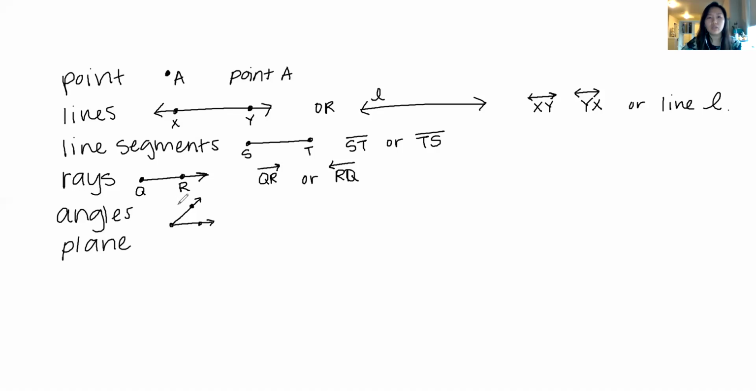So let's call this one D, E, and F. So we've got angle D, E, F. Or we could flip it around and say F, E, D. As long as the middle letter on my notation, E, is being notated by the vertex of my angle.